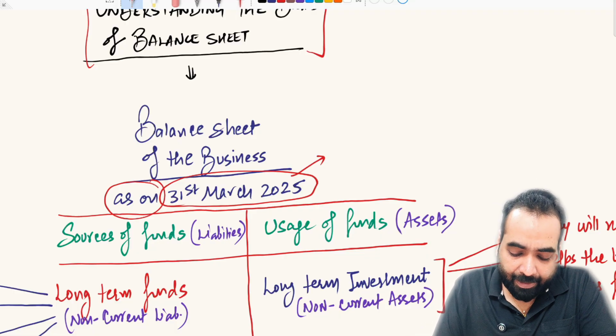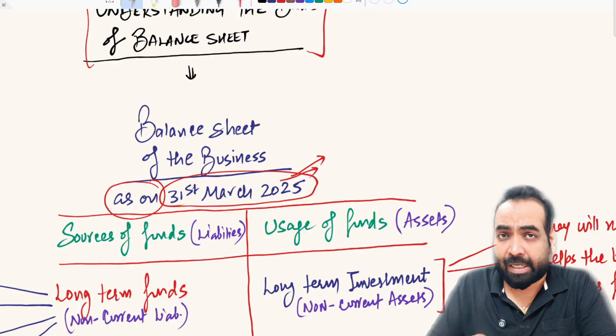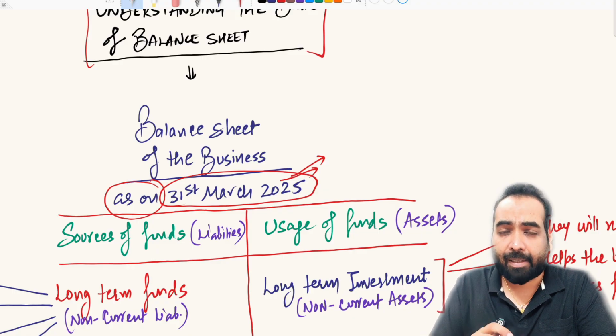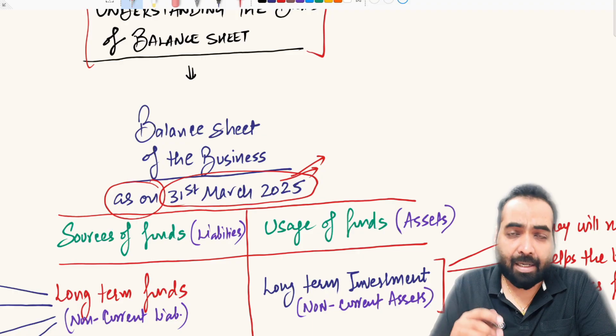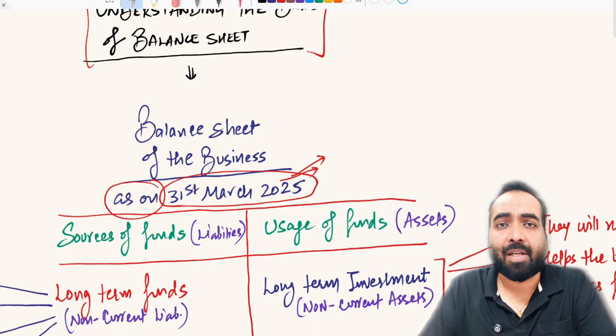For example, the balance sheet is made on 31st March 2025. That means whatever data it is reporting belongs to only 31st March 2025.